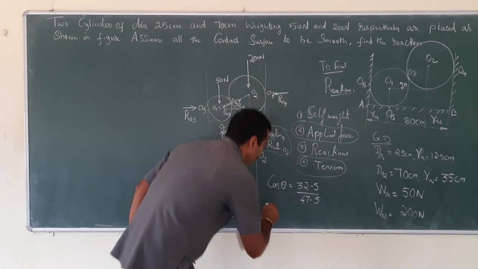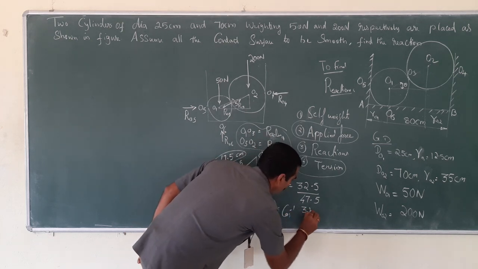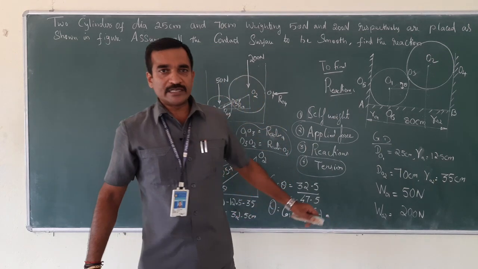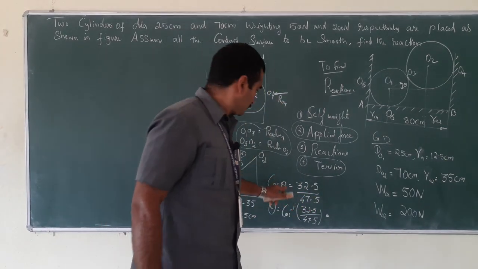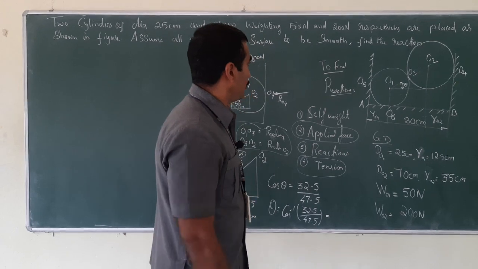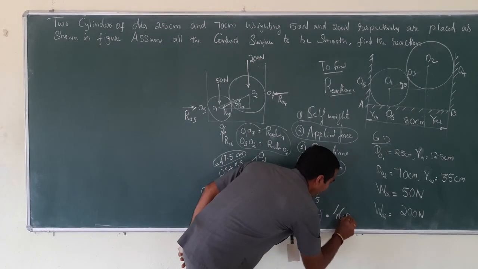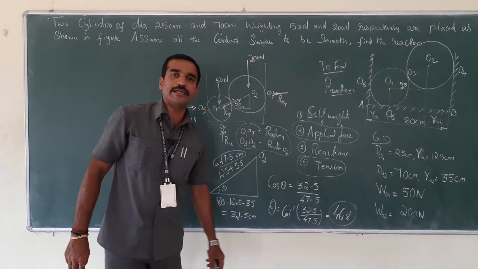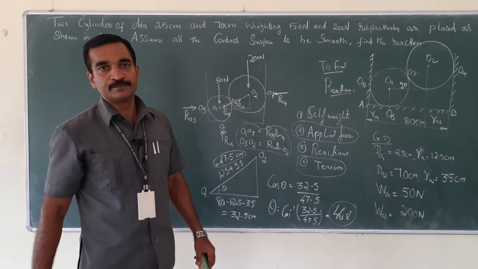Therefore, theta is equal to cos inverse of 32.5 divided by 47.5. If you just feed all these values in the calculator, you will get the value of 46.8 degree. So the angle is 46.8.